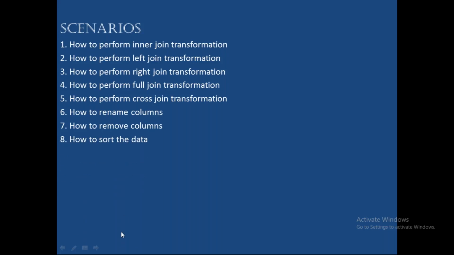When you perform a join or whatever, data will come randomly: first you will see customer ID 4, next customer ID 10, next customer ID 1. So it's random, right? I want to sort it in ascending order, 1 2 3, or if you want descending order, that you can also do, 10 9 8, something like that. So how you can do that sorting we are going to see.